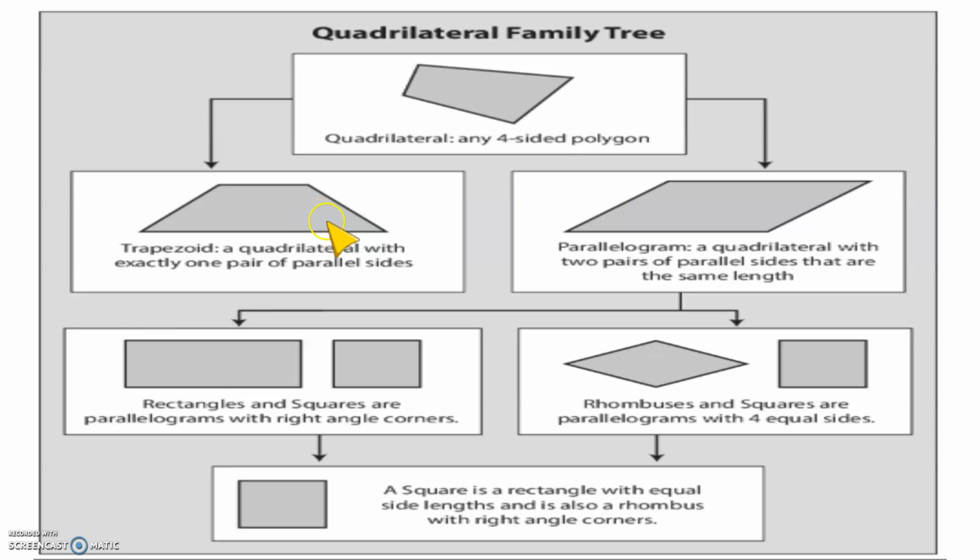So we have our trapezoid, rectangle, rhombus, and square. 4 quadrilaterals, which means all of those shapes. Trapezoid, rectangle, square, and rhombus all have 4 sides. We'll talk about this more throughout the month, but I wanted to introduce these to you today.